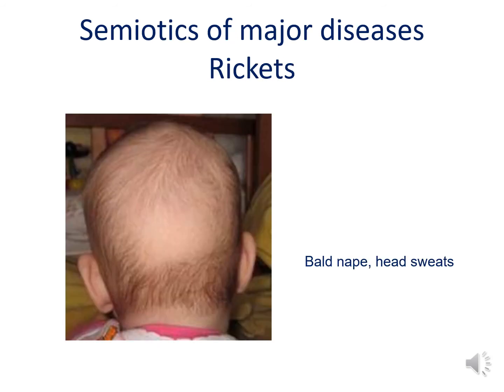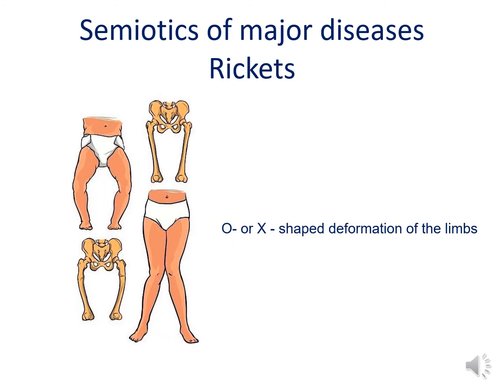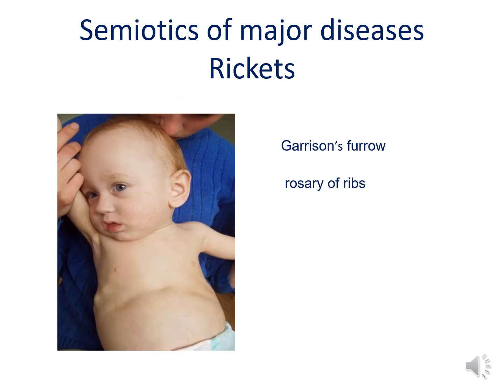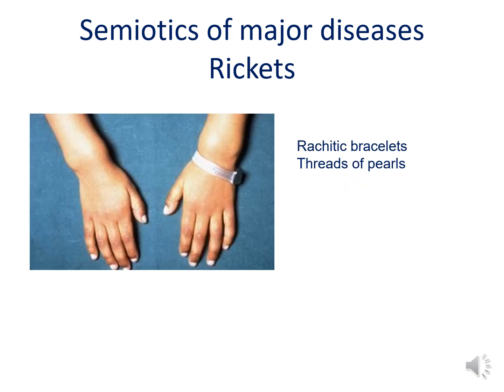One of the most common pathologies of the skeletal system in childhood is rickets. The symptoms of early stages of rickets are bald nape and head sweats. In severe cases, O-shaped or X-shaped deformation of the limbs may be present. We can also see some rickets symptoms on the chest, like Harrison's furrow and rosary of the ribs.